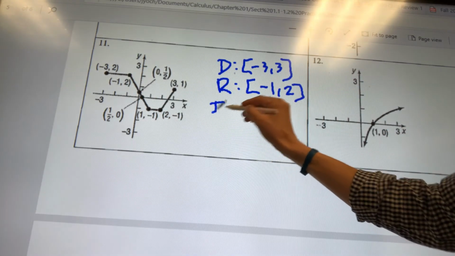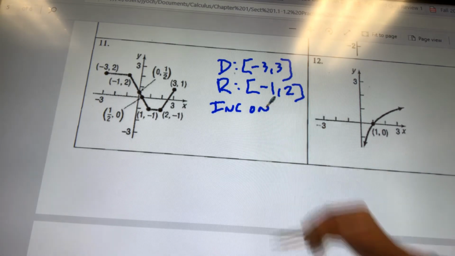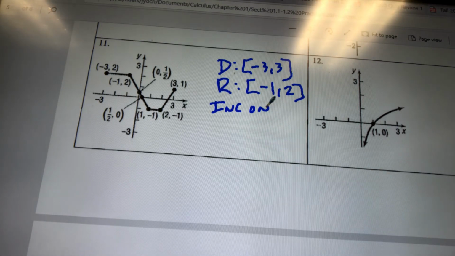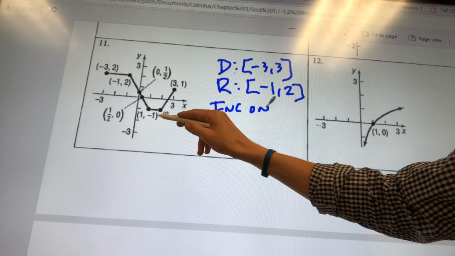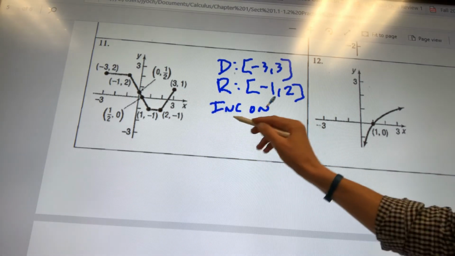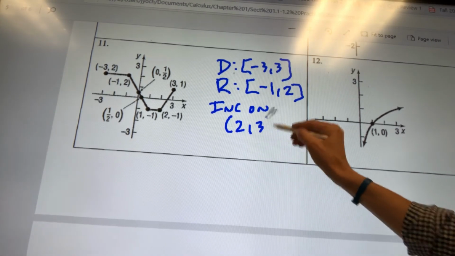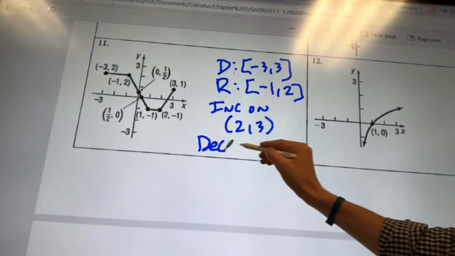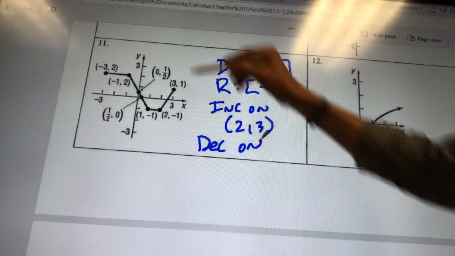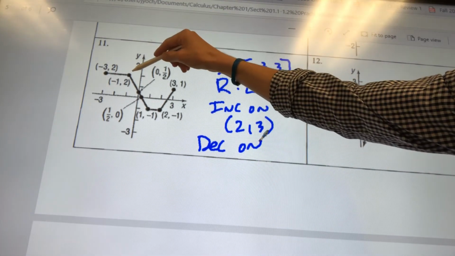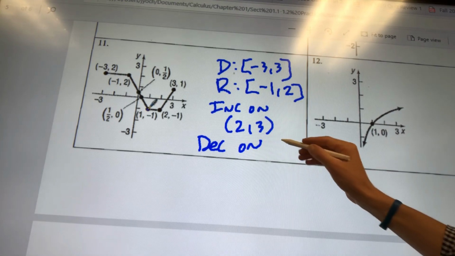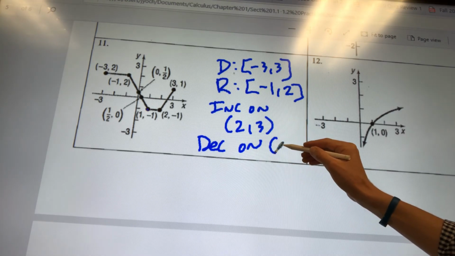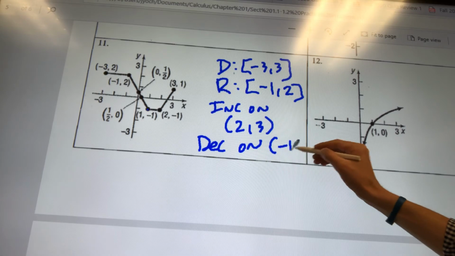What do we have here? Increasing on, when's it increasing? It's only increasing on one interval here, from x is 2 to x is 3. It's increasing on (2, 3). Where's it decreasing? It's decreasing when x is negative 1 to x is positive 1. Negative 1 to positive 1.